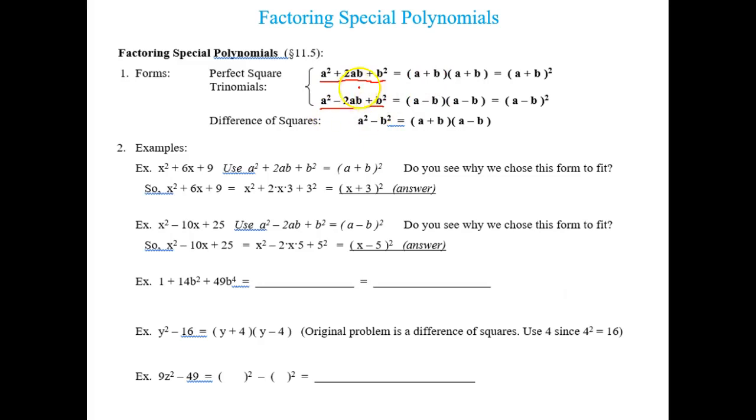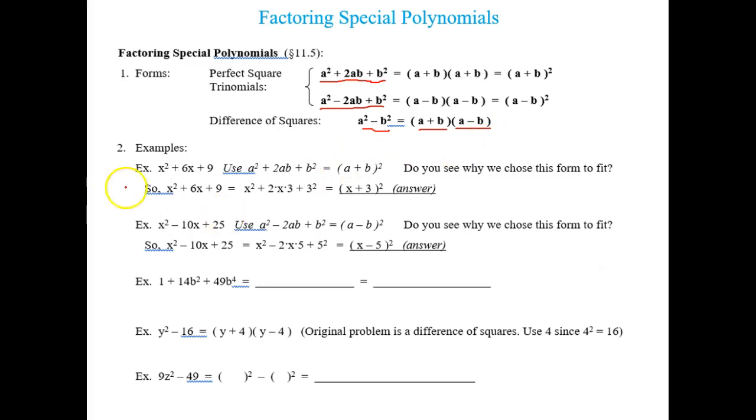If you have things in these two forms, then they will factor as the product of binomials, as a plus b squared, or a minus b squared. Or if it's a binomial, you may have a squared minus b squared, which is called a difference of squares, in which case it factors as a plus b times a minus b.